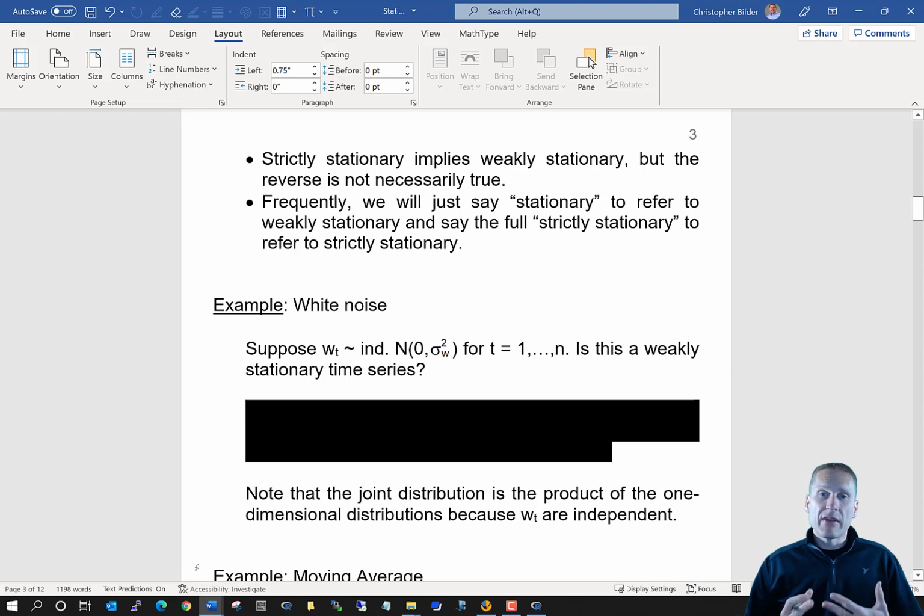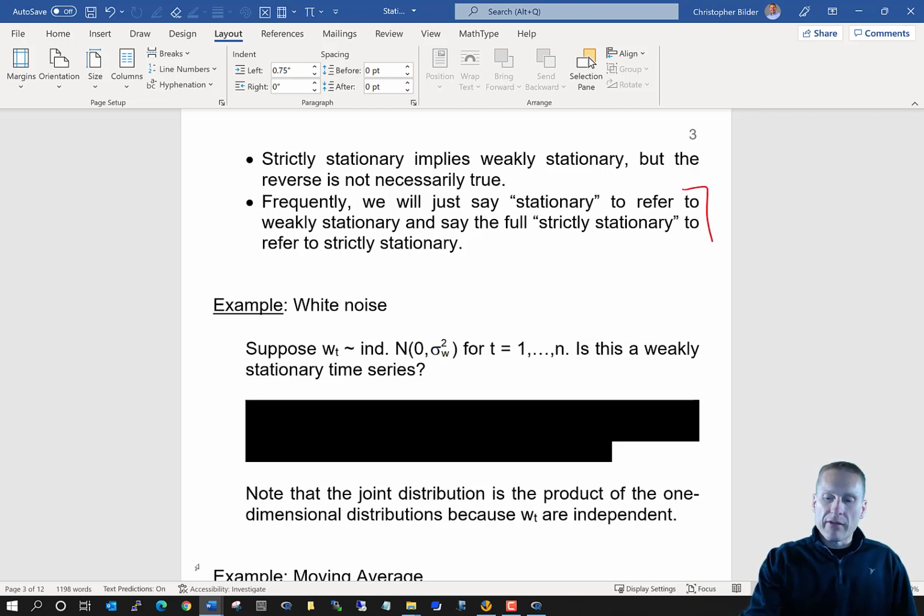Now, strictly stationary is more restrictive than weakly. So if we have strictly, we get weakly. If we have weakly, we don't necessarily get strictly stationary, except for in a special case that we'll mention shortly.